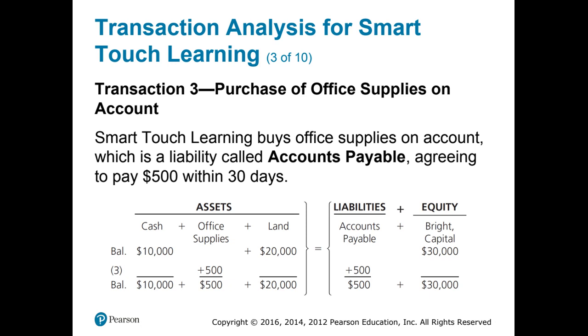We've increased our assets and our liabilities both by $500, so both sides of our equation balance, and they do. Does that make sense? Do you have any questions? Okay.